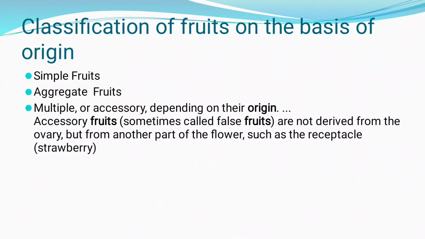The accessory fruits are sometimes called false fruit and are not derived from the ovary but from another part of the flower, such as strawberry, which is developed from the receptacle of the flower.